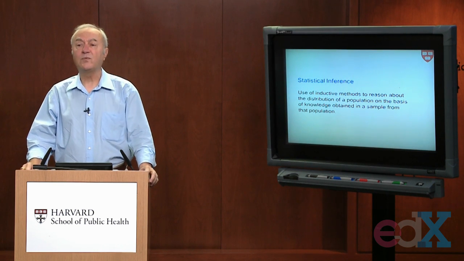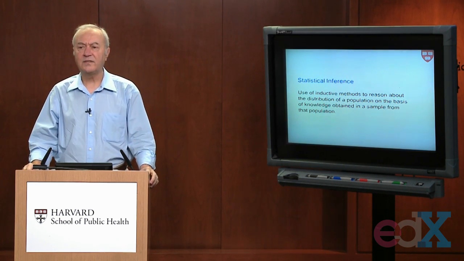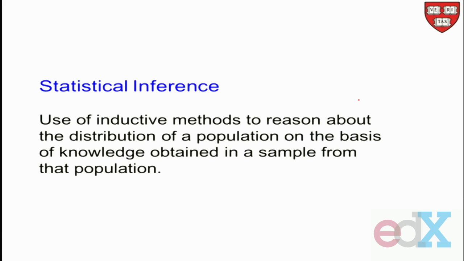First, let's define it. What do we mean by statistical inference? Here's a definition that we can use for this course. We can say that inference is the use of inductive methods to reason about the distribution of a population. So we're interested in a population and its distribution.